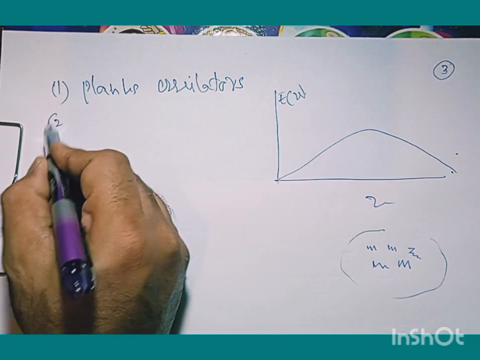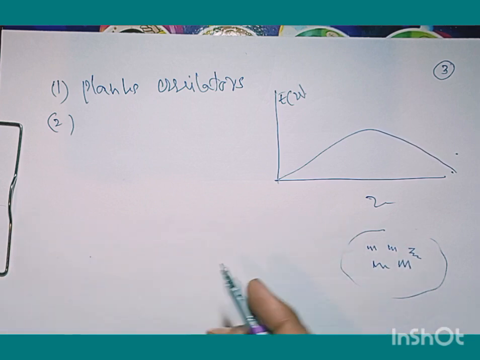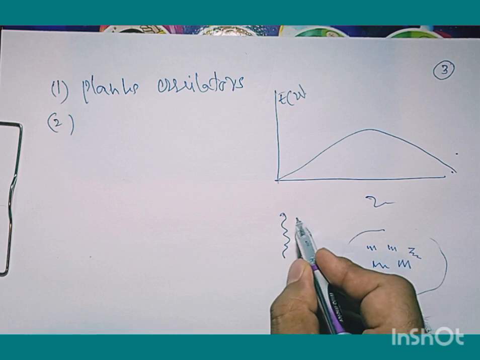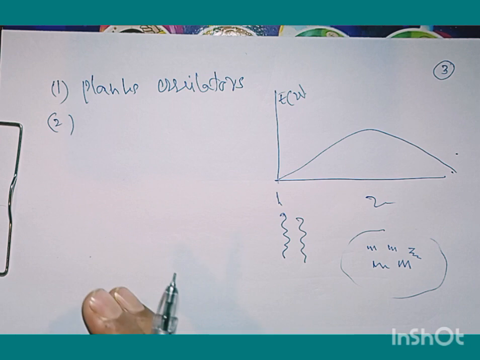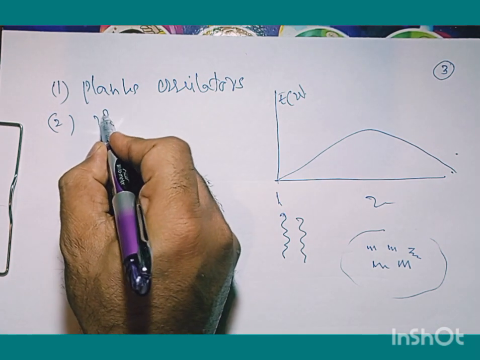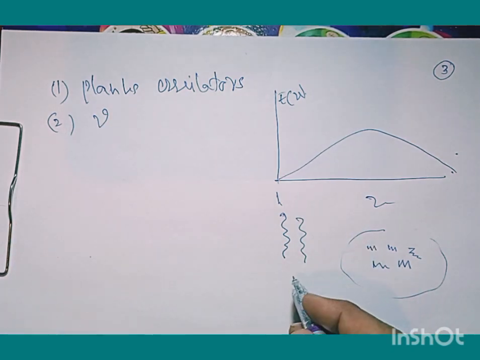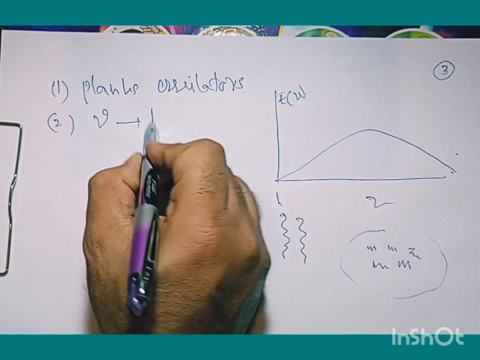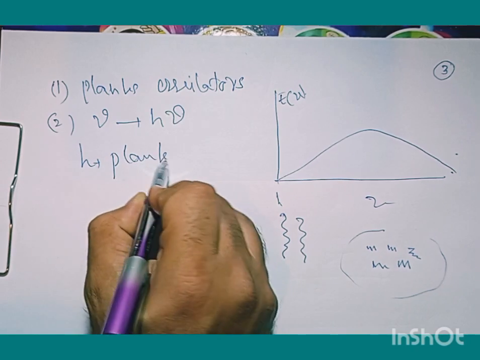The next important point is that the oscillators, or we may call them resonators, can radiate energy, emit energy, and absorb energy continuously. But an oscillator of frequency, say nu, can only radiate or absorb energy in units or quanta of magnitude h nu, where this h is called Planck's constant.